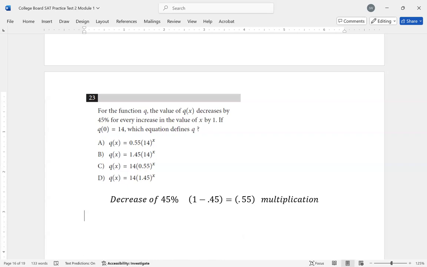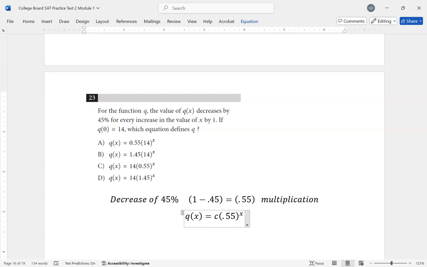That decrease is going to happen each time x goes up by 1. And so my function, my q of x, is going to be some coefficient, I'll call that c for now, times 0.55, and we're repeatedly multiplying that 0.55. So each time x goes up by 1, repeated multiplication is an exponent.